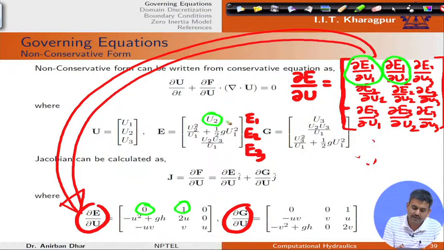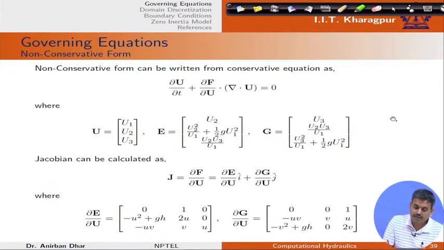Again, we do not have any U3, so 0. Like that, we can calculate individual components for this Jacobian matrix for individual E and G components.